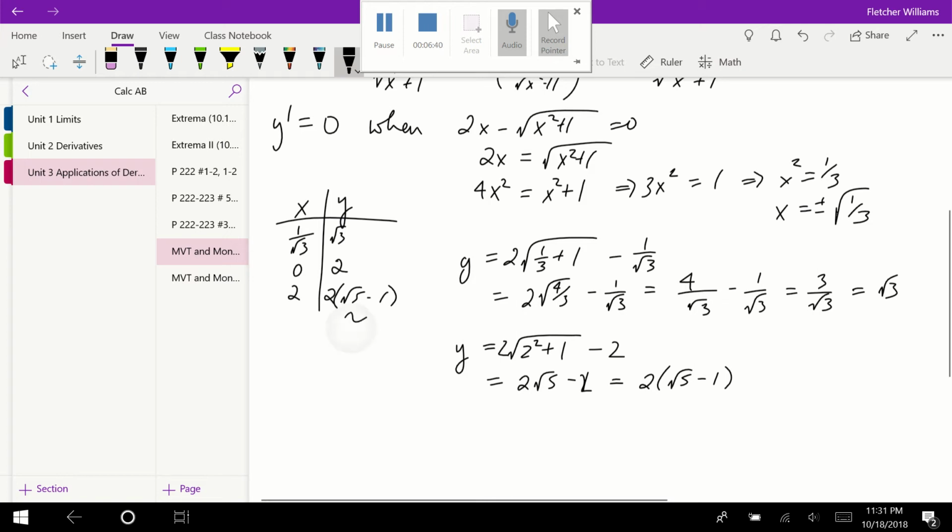So this one is about 2.472, and the root 3 is about 1.71. So you see you have your min of 1.71 and your max of 2.472.